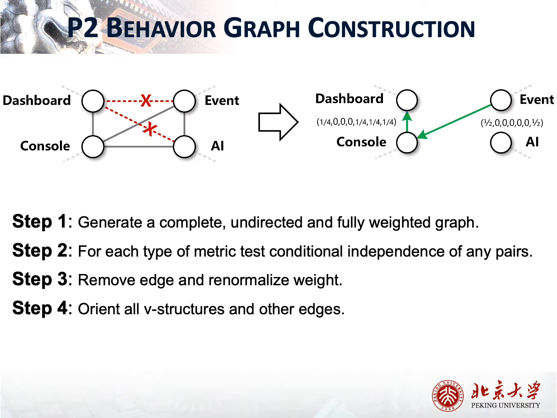In step 3, we remove unconnected edges and normalize the weight of each metric for each edge. Finally, we orient all weight structures and other edges to get a completed partially directed acyclic graph. The details of our algorithm are given in the paper.